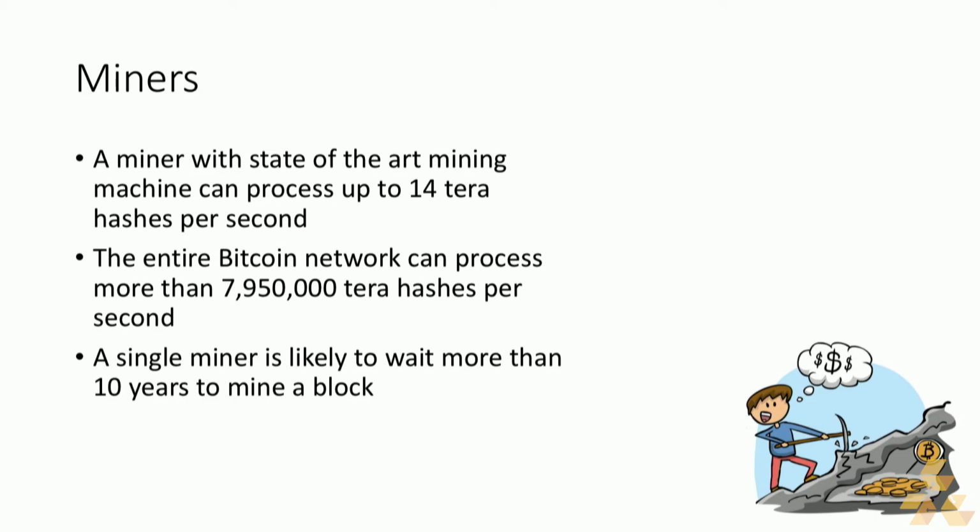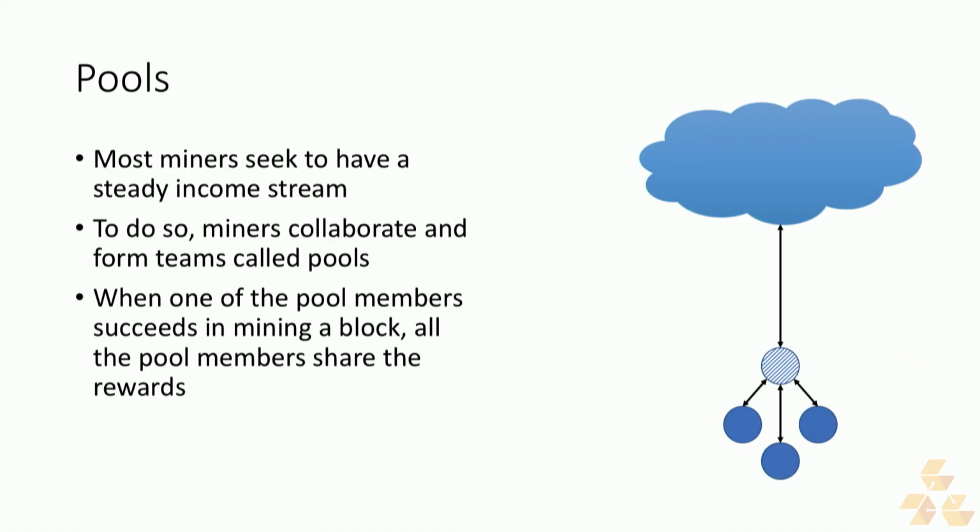People usually don't want to wait 10 years until they receive any kind of money, so they work in teams. These teams in Bitcoin are called pools, and in a simple way, if one of the members of the pool finds a valid block, all of the members of the pool share the reward, so they get a more steady income.